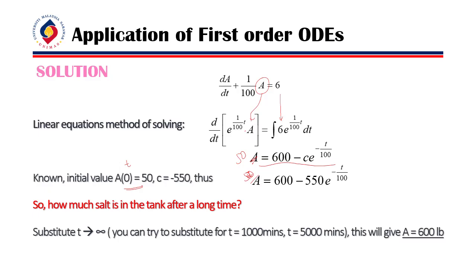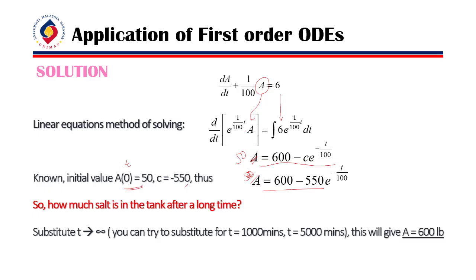So 600 minus 50, it gets 550, right? Okay, and then this is how you plug in the constant value 550 inside here, and then that's it. You solve this particular solution for this method.